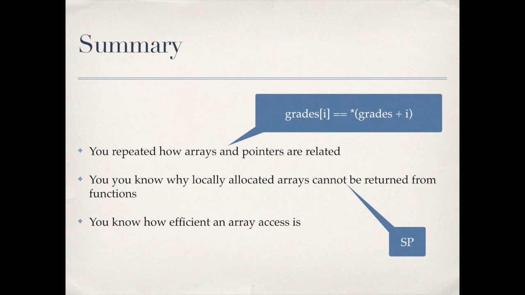Then we had this funny problem with the stack pointer and the invalid address, and that we can't do it in the C# way, at least not directly, as we could imagine here, because we have invalid addresses. And finally, we checked out the efficiency of array accesses.